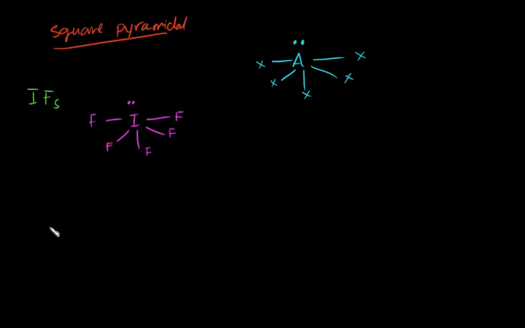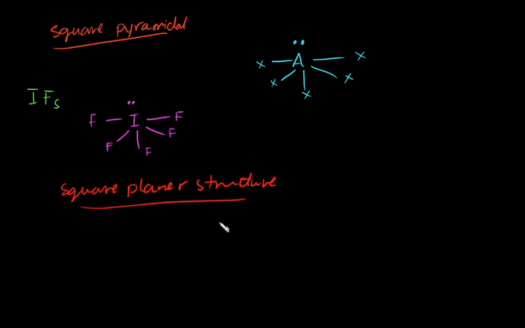Another shape is the square planar shape or structure. This structure is surrounded by only 4 atoms, not 5, not 6.